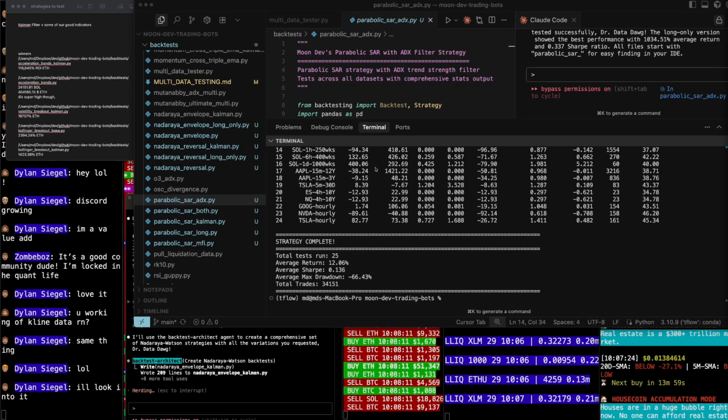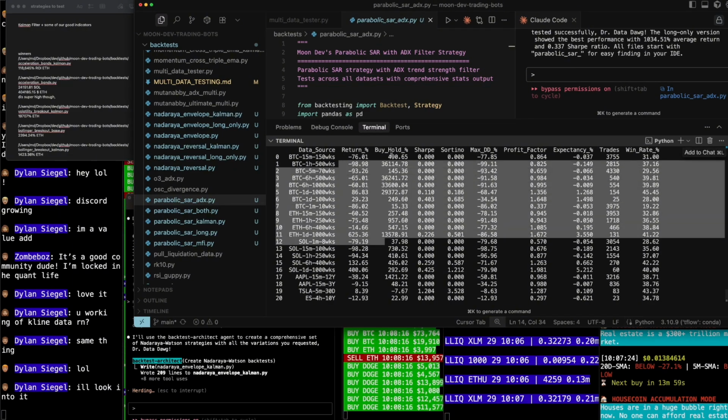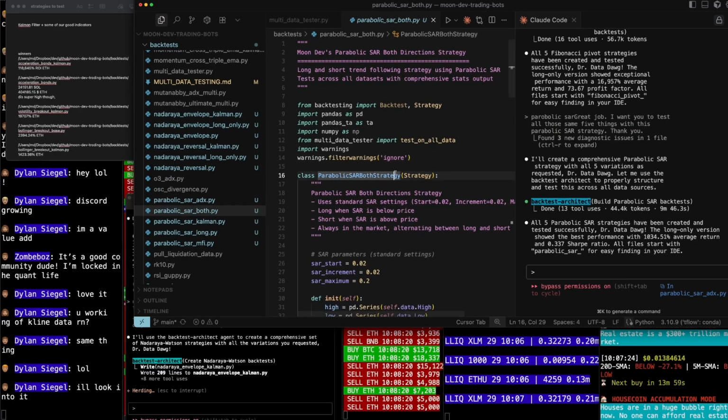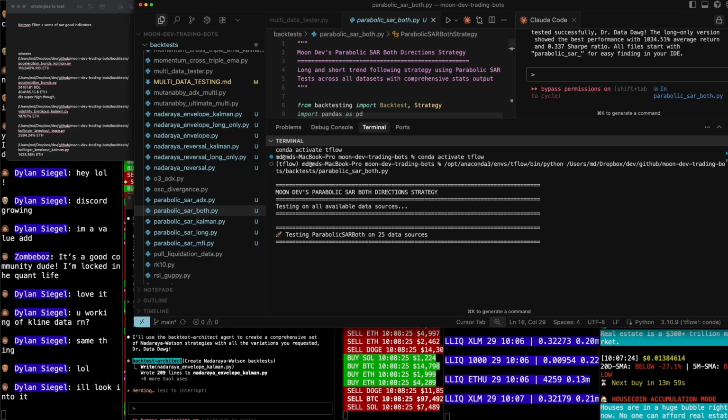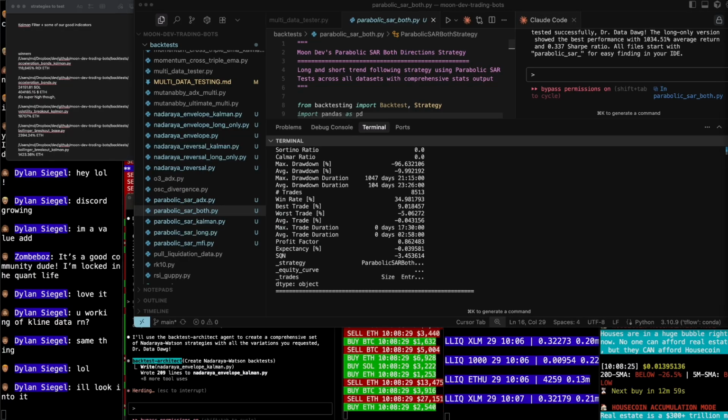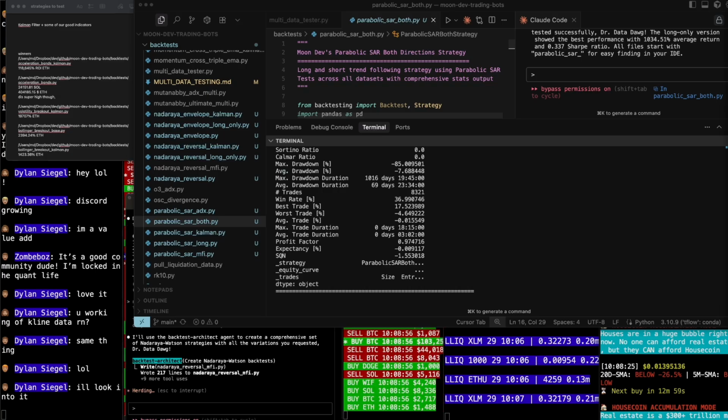This Sol one beat buy and hold. 5.2 expectancy, but the rest of them look negative, so I'm just going to say that was lucky. 5.412 expectancy.